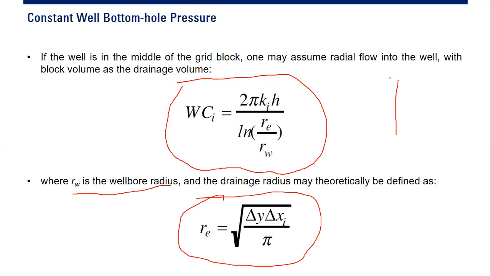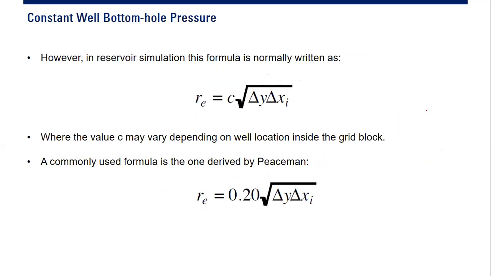You have delta X, delta Y, divided by pi, then calculate the square root, and you get the drainage radius. That's if the well is in the middle of the grid block and we want to assume radial flow.